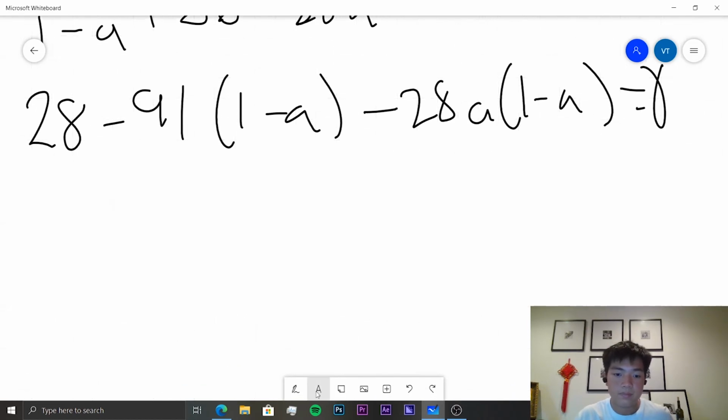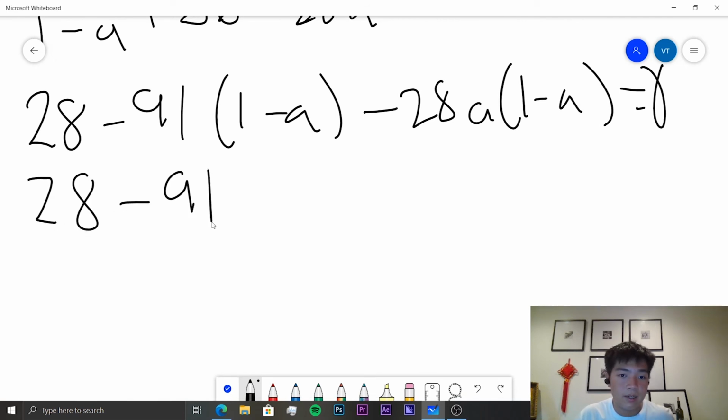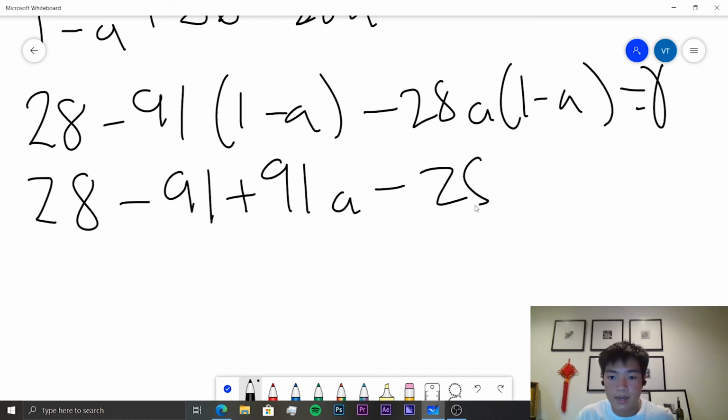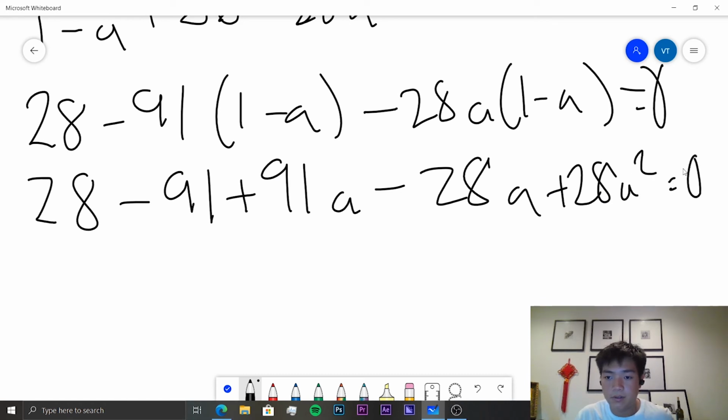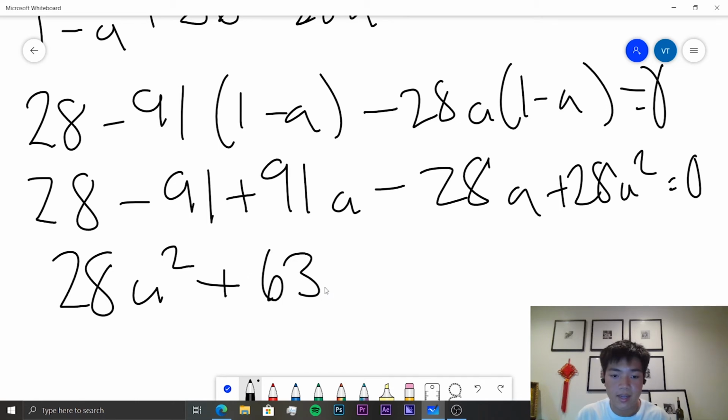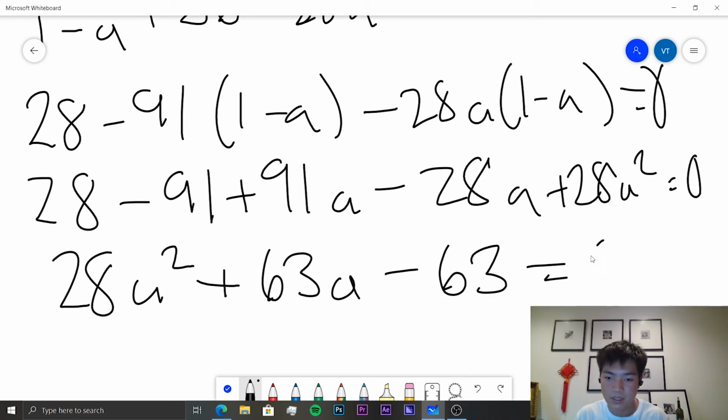And so we know that 28 minus 91 plus 91a minus 28a plus 28a squared is equal to 0. So 28a squared, what's 91 minus 28? 63. So plus 63a minus 63 is equal to 0.